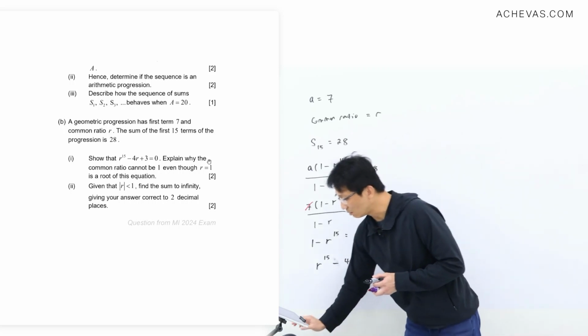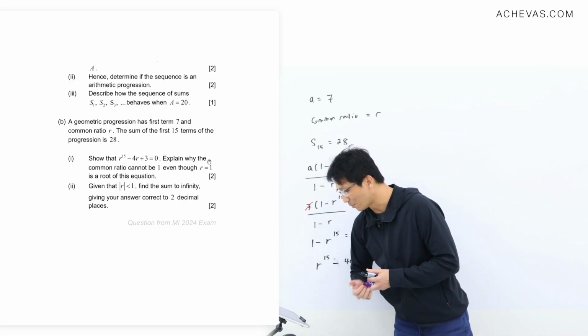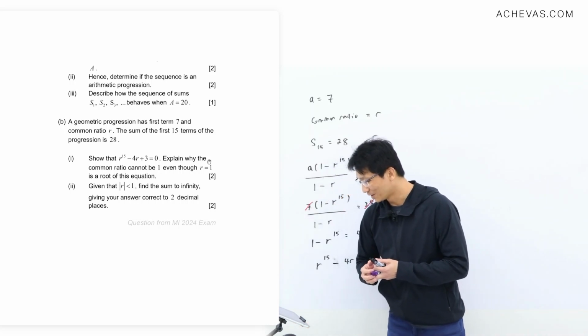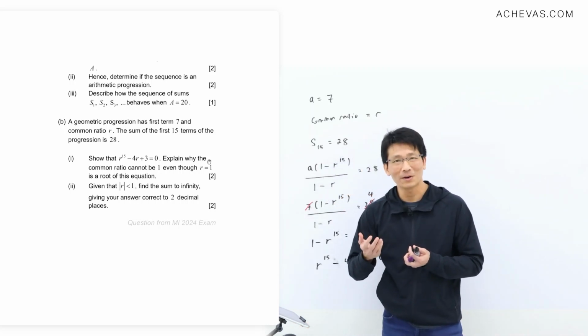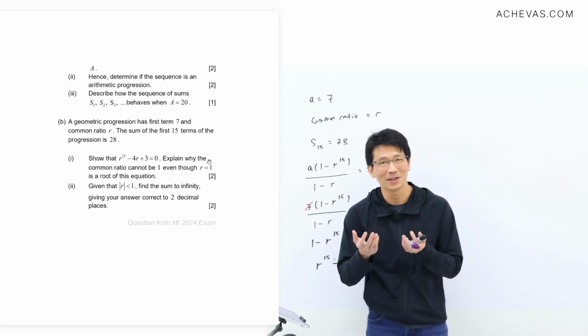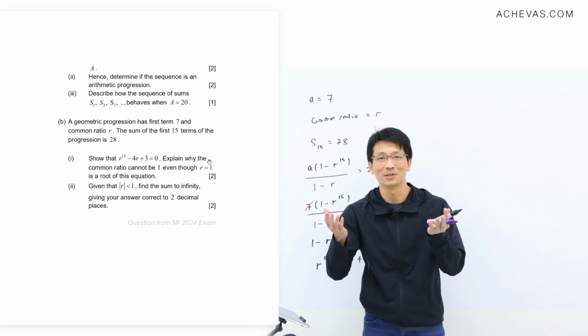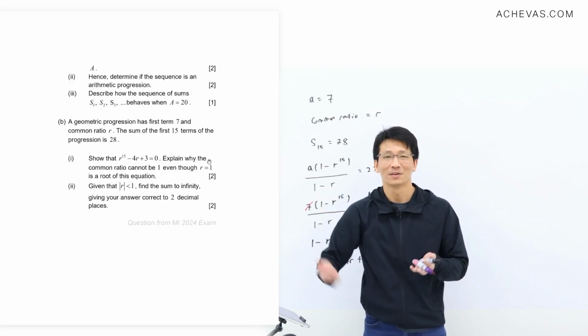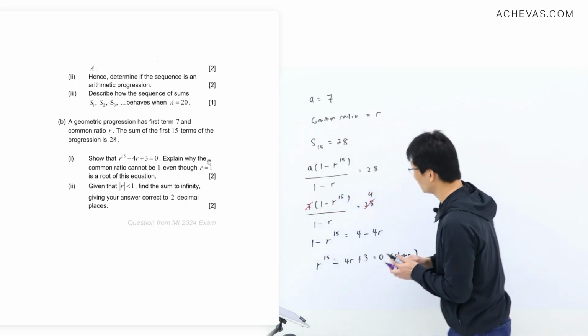Okay, so how can we explain why the common ratio cannot be 1? I think for a GP, the common ratio can never be 1, because if the common ratio is 1, that means your entire series will just simply be a constant value. So how am I going to explain?